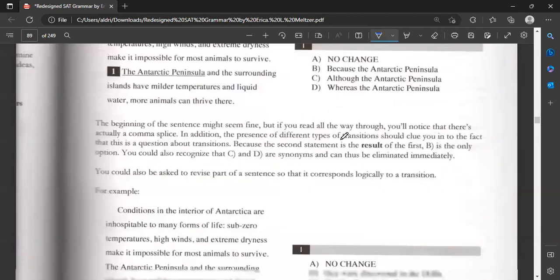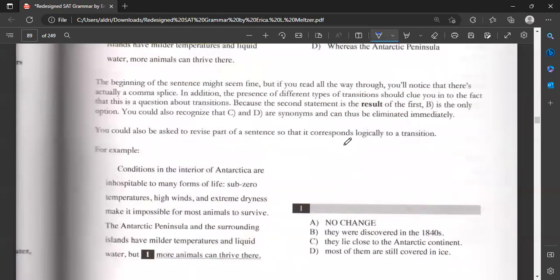All right, let's look at one more example. It's the same text. You guys give it a shot and let me know again, and then we'll move on.